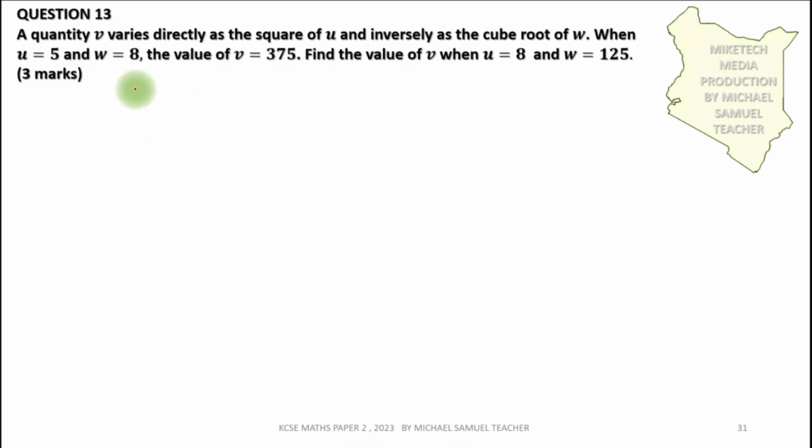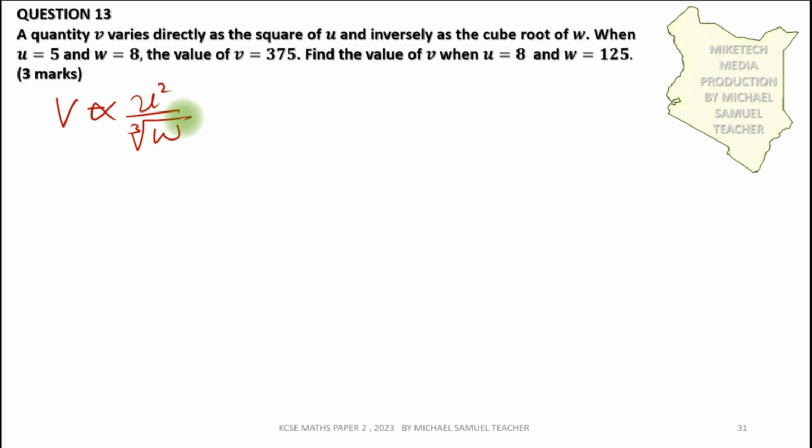So we need to find the equation connecting the three variables. So v is directly as the square of u and inversely as the cube root of w.